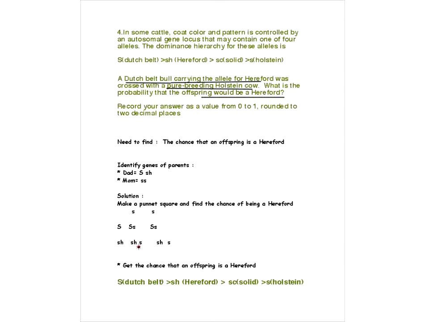So here we see 2 situations where we have S H and little s, which is recessive to it. Okay, so we've got 2 out of 4 that are going to be Herefords. So we found the probability of getting a Hereford, and we know it's 2 out of 4, and so you would write your answer as a decimal, because it goes from 0 to 1, and you round it to 2 decimal places. Okay? So that's how we do that one.